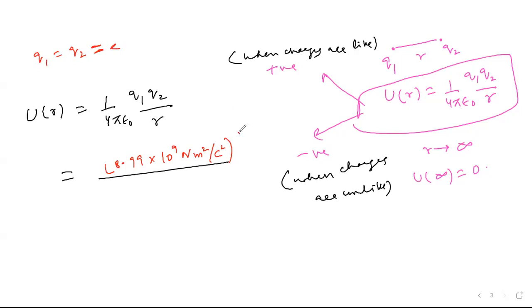So it becomes here E square, that is 1.60 into 10 raised power minus 19 coulomb square.